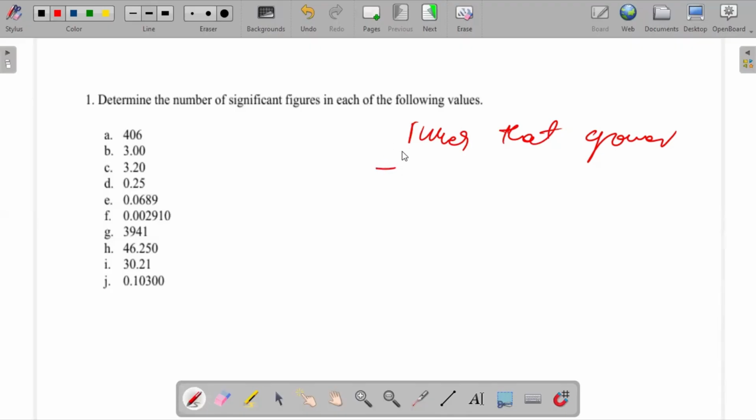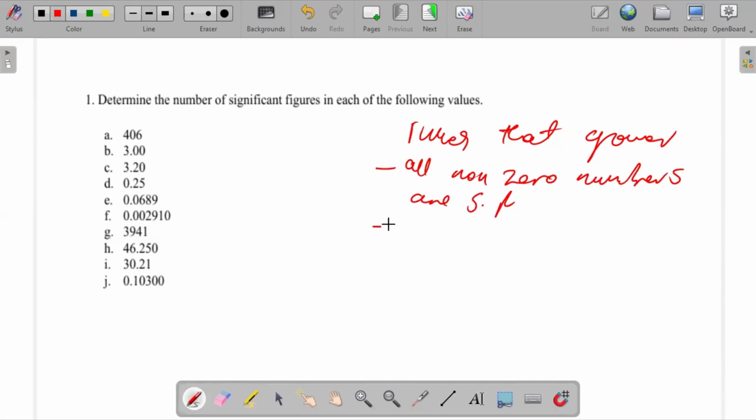The first one that you must know is that all non-zero numbers are significant figures, isn't it? So we are saying all non-zero numbers are significant figures.